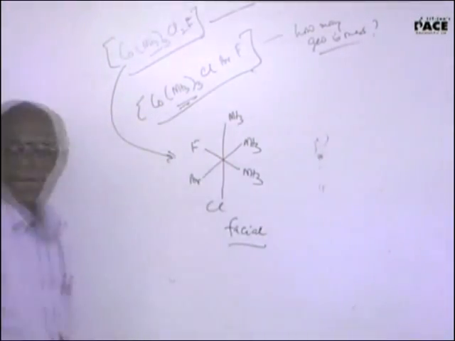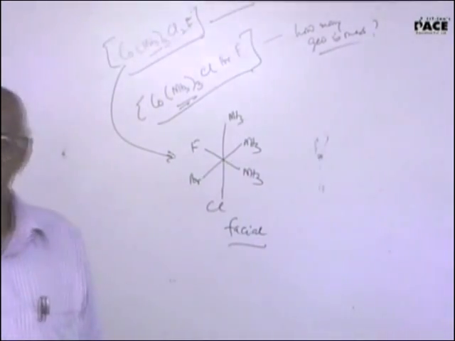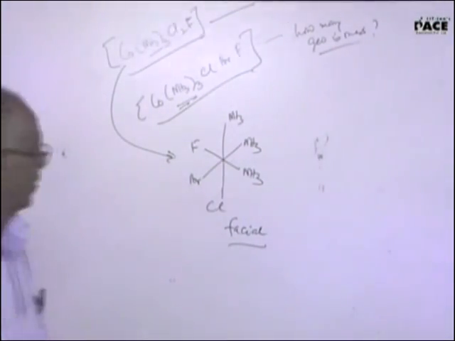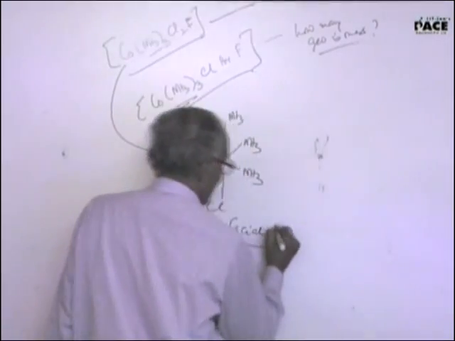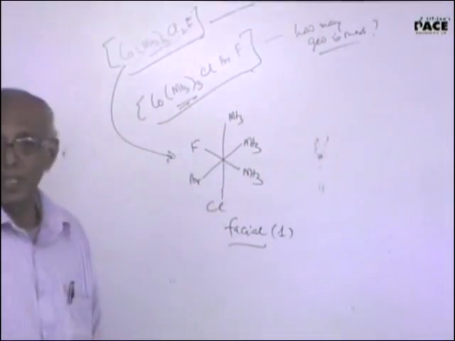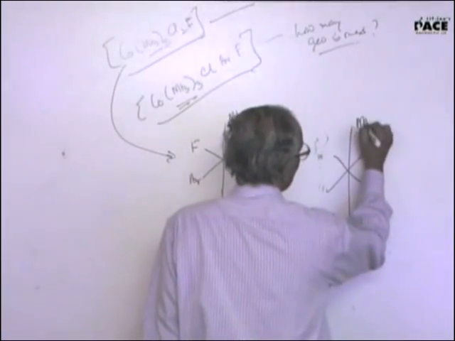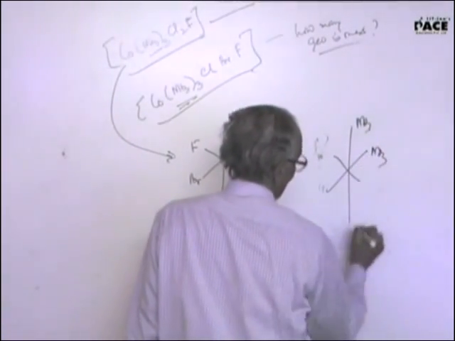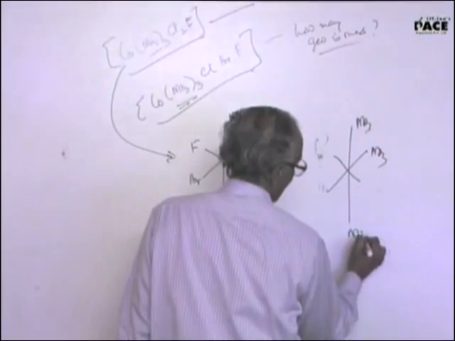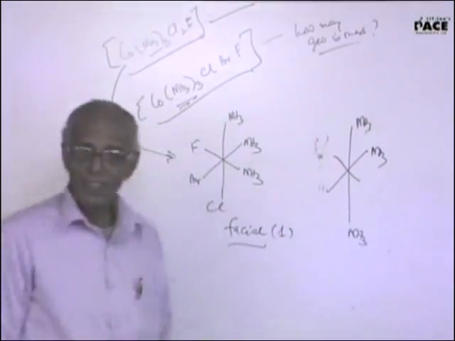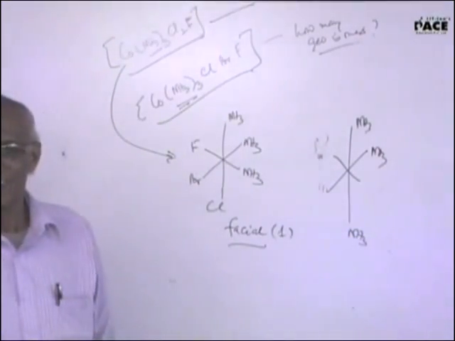How many facial isomers do you have? One. Okay. How many meridional will you have? Three. Three? Yes.